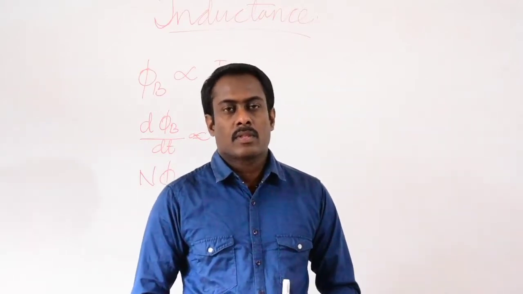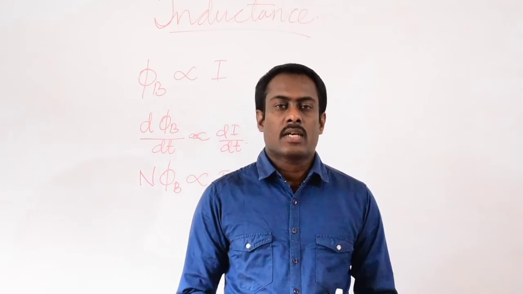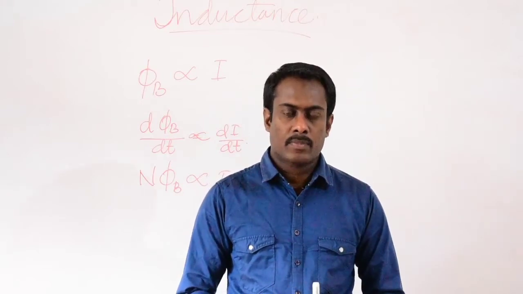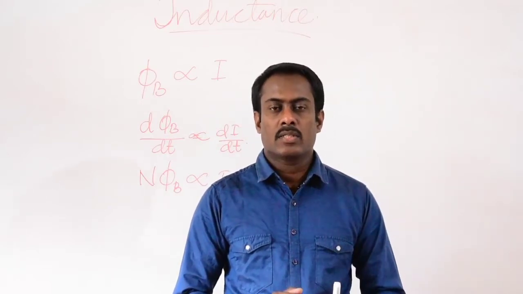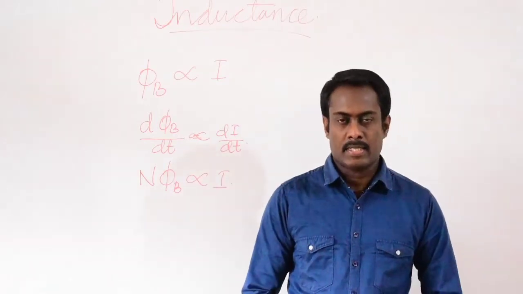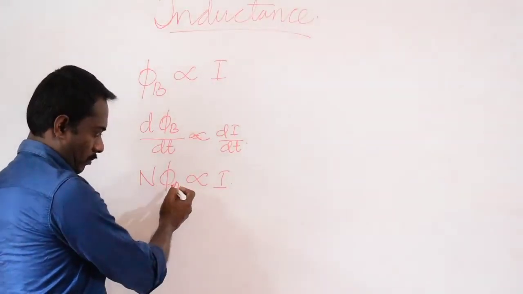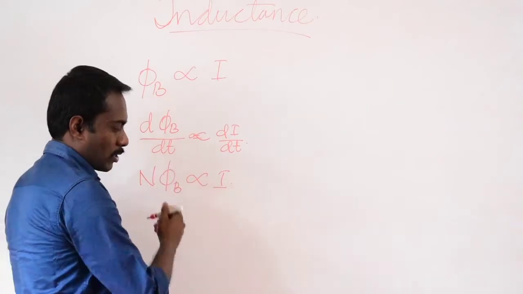In this case, the flux linkage to the coil is written as N phi B is proportional to I.